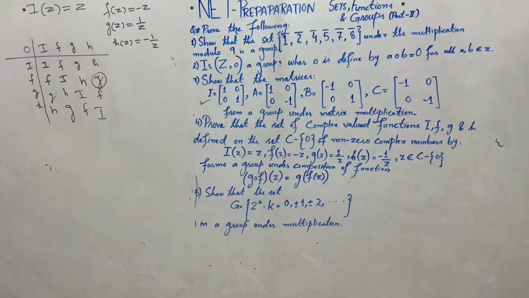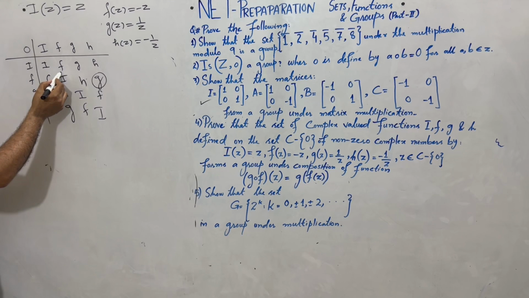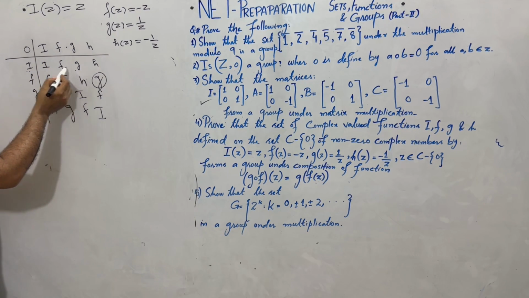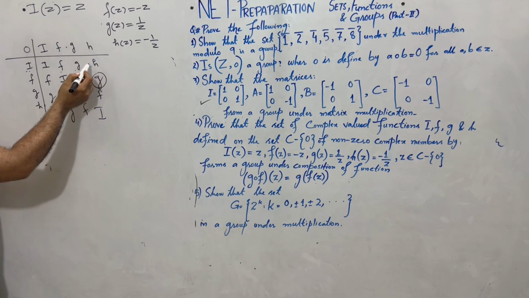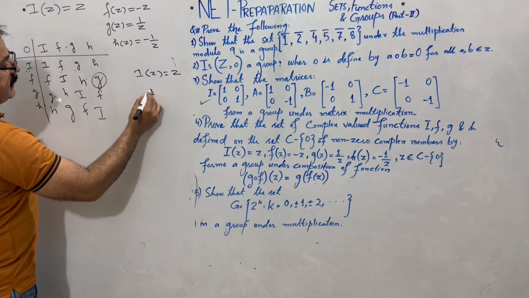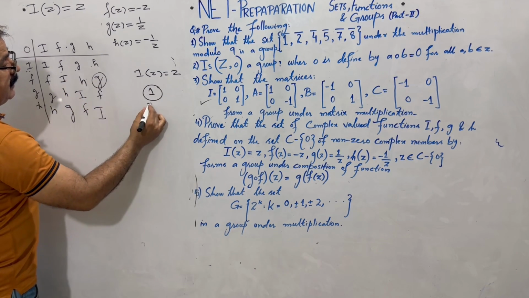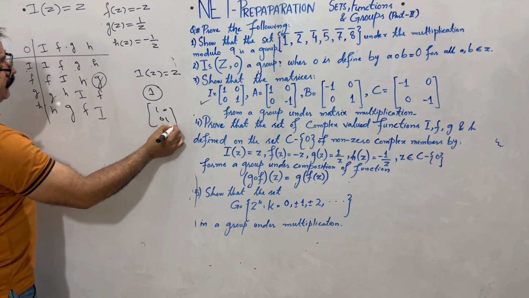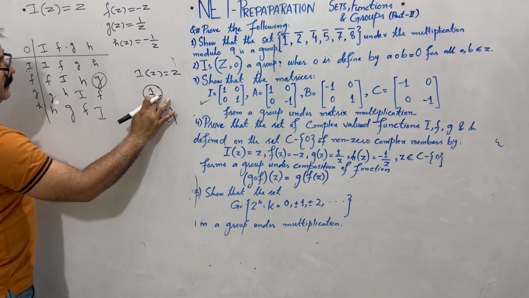Next, I is our identity because I times F we get F, composition of I with G is G, composition of I with H is H. I of Z is equal to Z. It works like the number one or like a matrix. When it is multiplied with any number, you will get the same number.